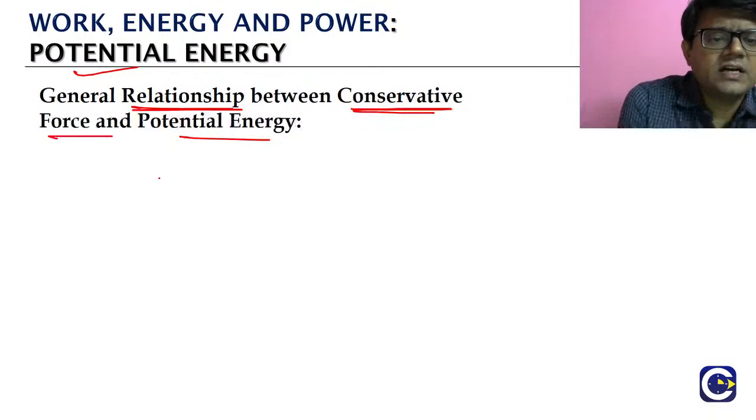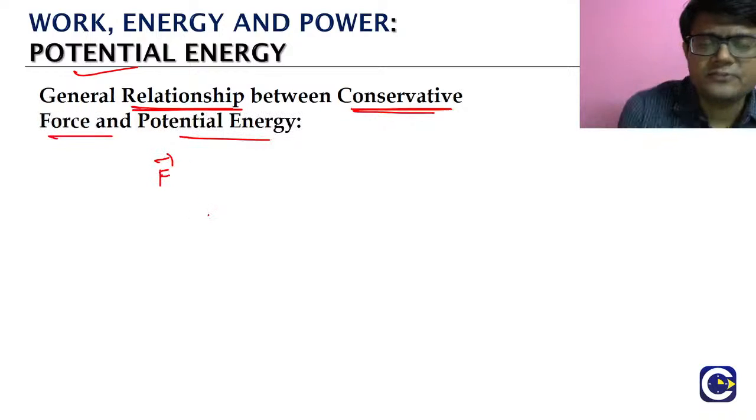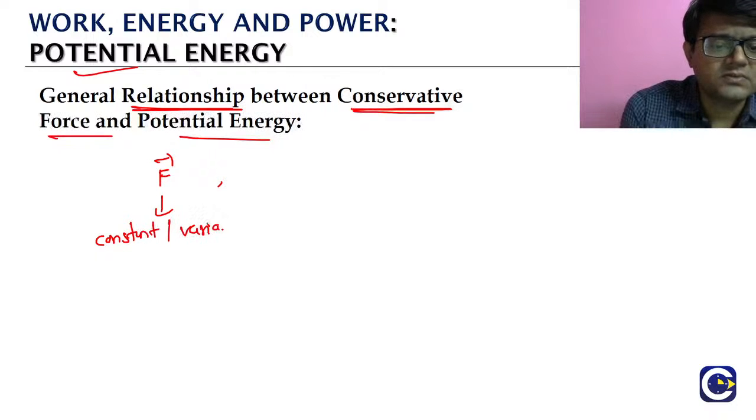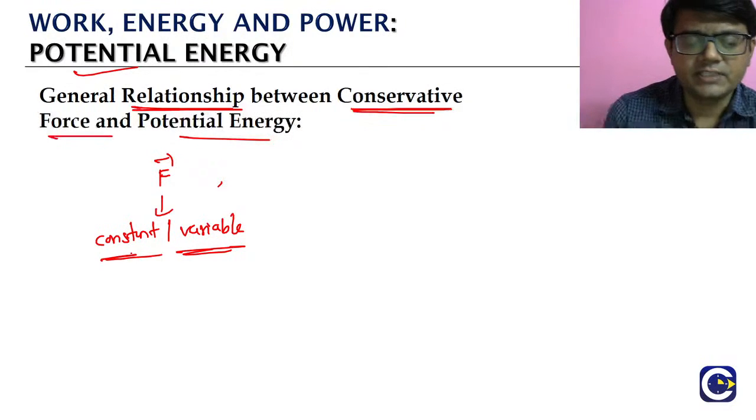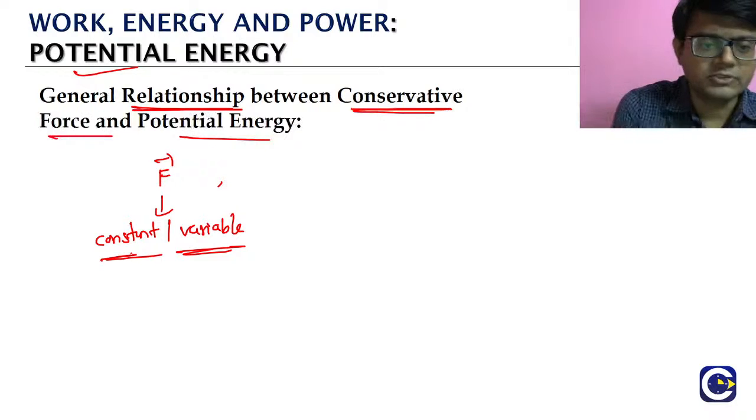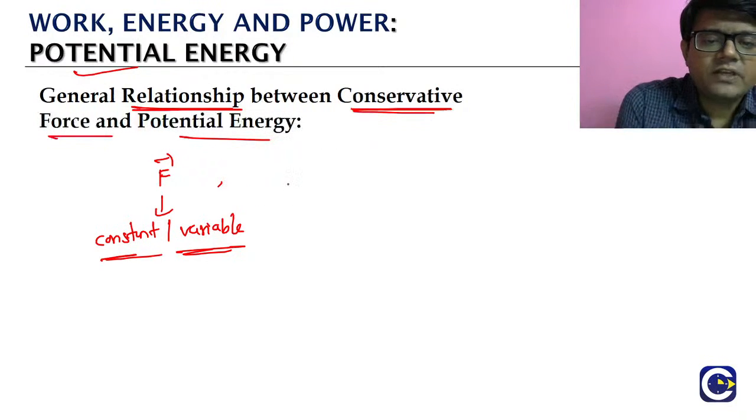If you have a conservative force F, it may be constant or variable. The gravitational force formula is constant, but a spring force is a variable force, so we will just keep it as force.